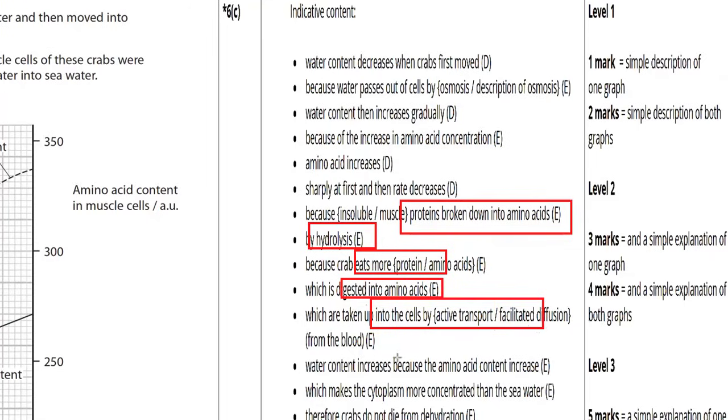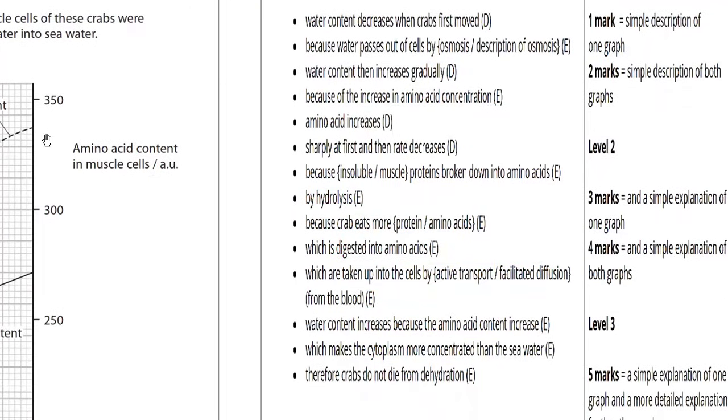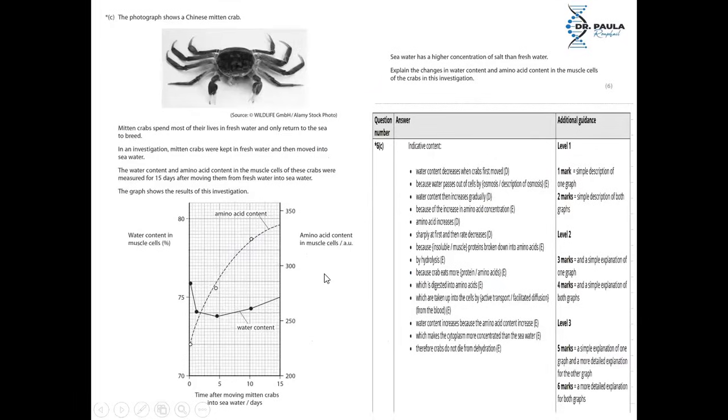And when the water potential inside decreases, it means that water is starting to get in by osmosis, so the water content will be increasing as well. So we always have to mix between the description and explanation, and keep the water getting into the crab. For sure, it keeps the crab hydrated. Perfect.